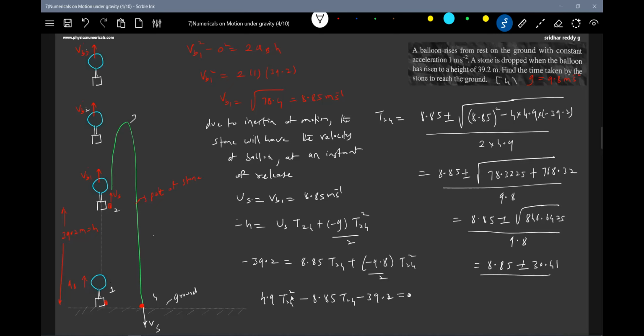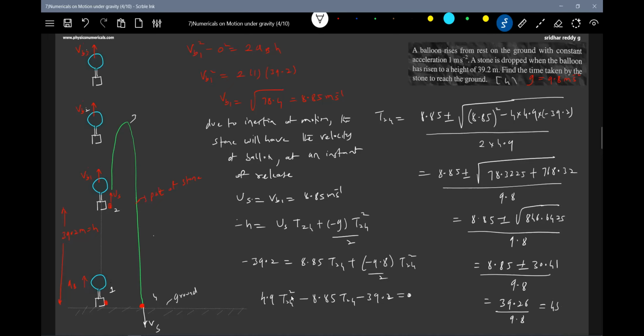Time cannot be negative. Time cannot be negative. So therefore, this will be plus 8.85 plus 39.26 divided by 9.8.